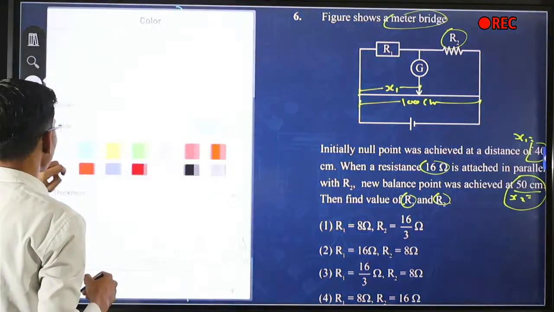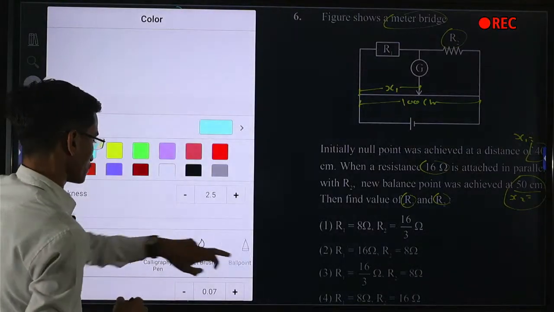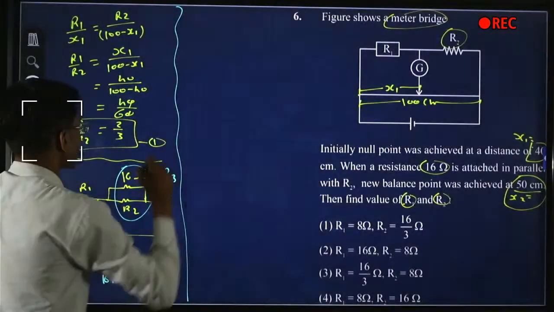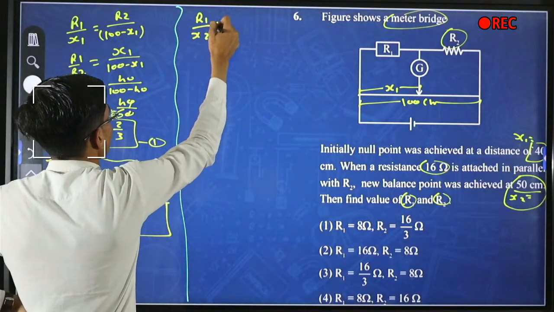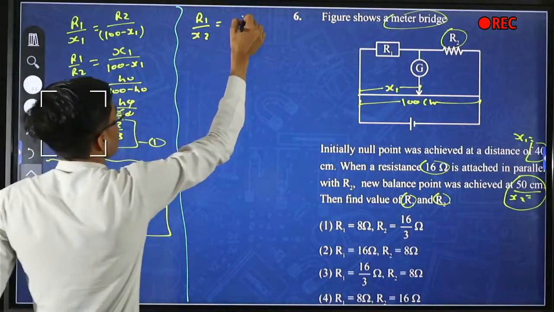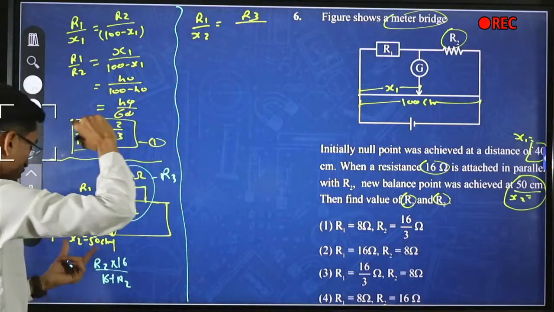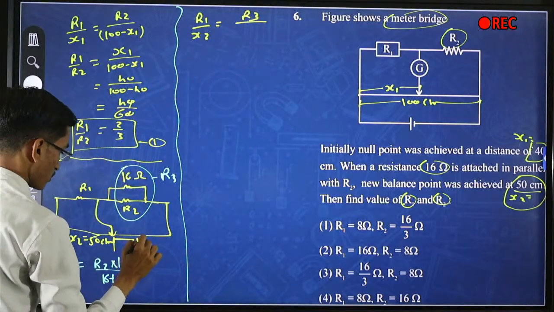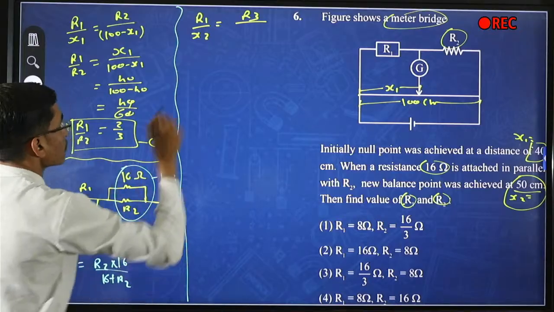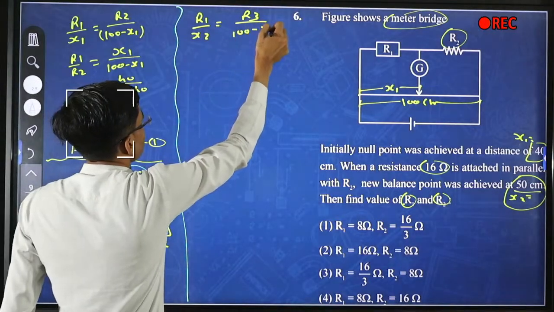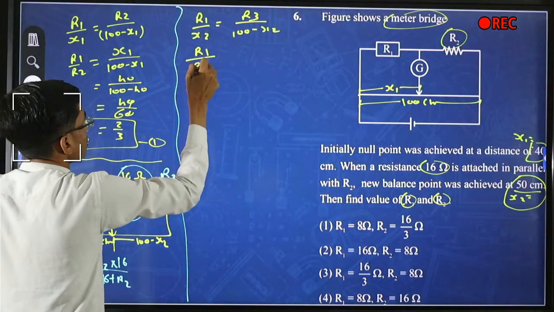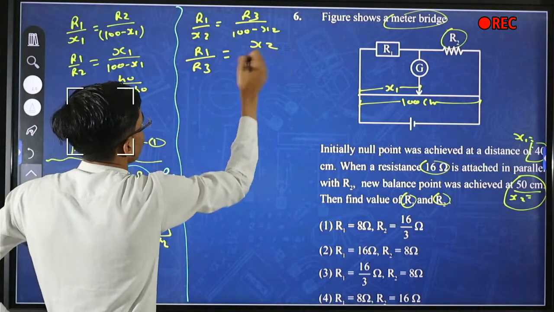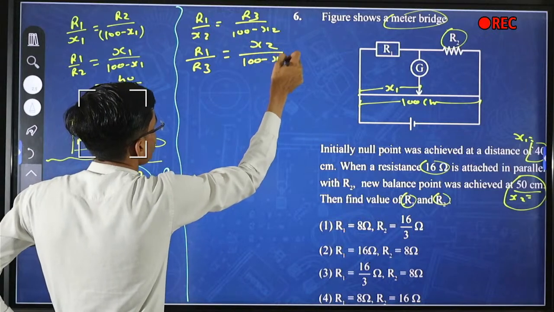From the balancing condition, we can write that R1 by x2 is equal to R3 by 100 minus x2. Now R1 by R3 is equal to x2 by 100 minus x2.